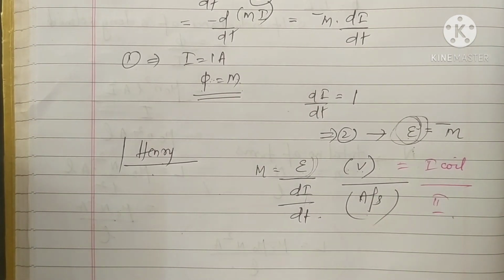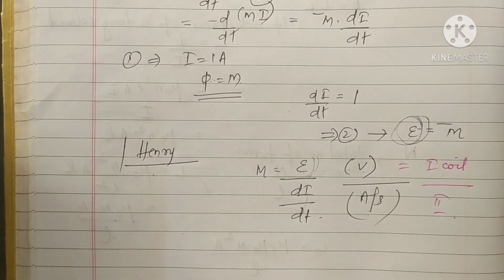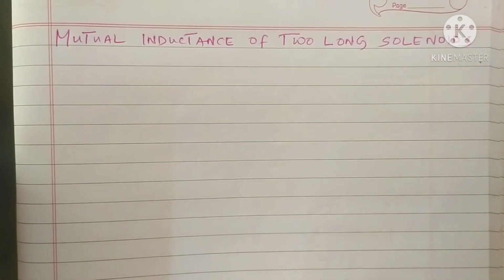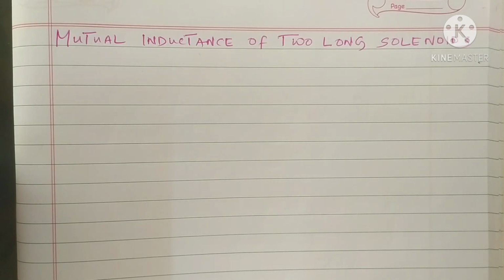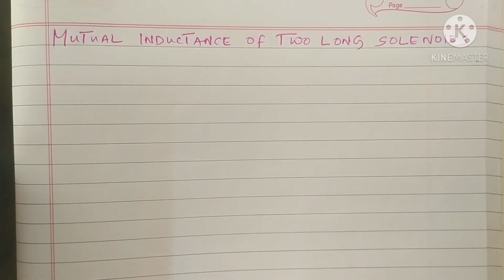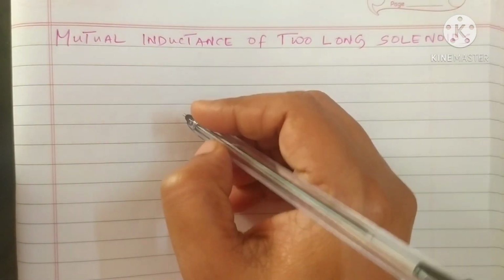In the last case, we have seen the self-inductance of a long solenoid. Now here we have to discuss the mutual inductance of two long solenoids. So our next topic is mutual inductance of two long solenoids. For this, you have to consider two long coaxial solenoids, that means along the same axis.